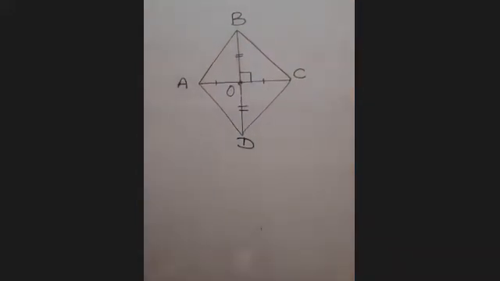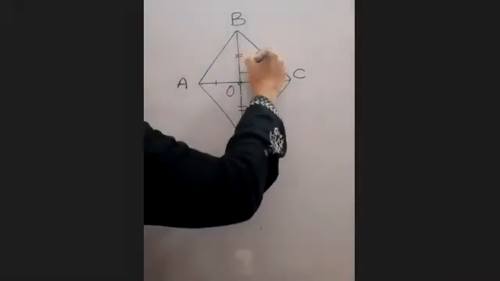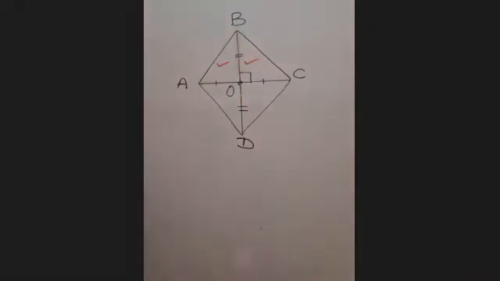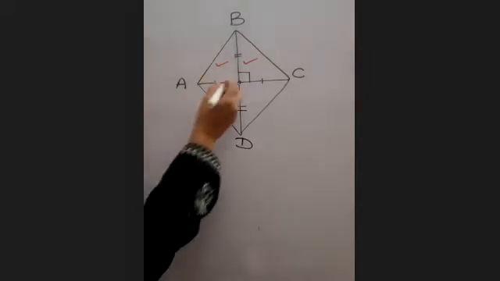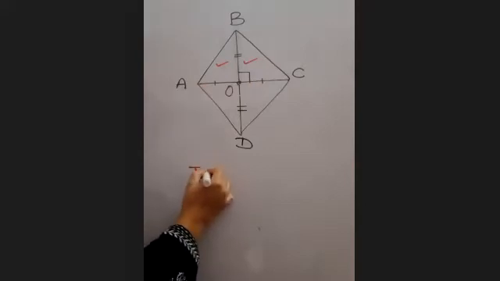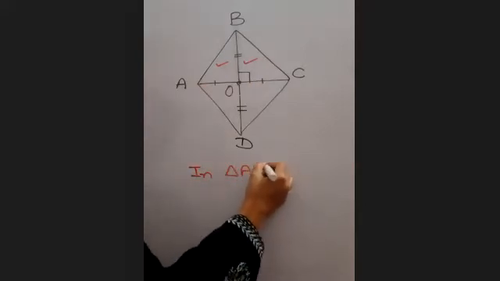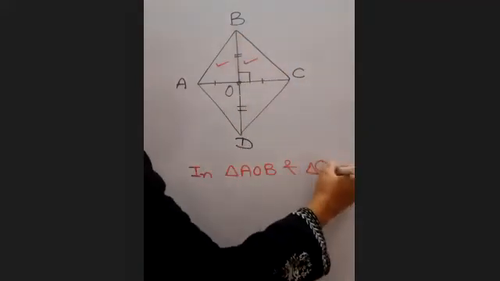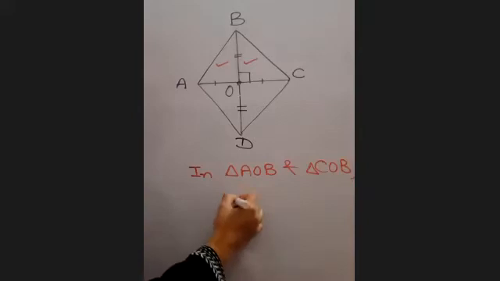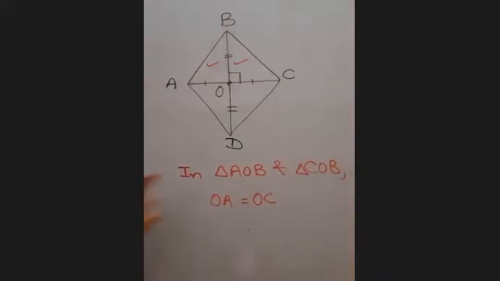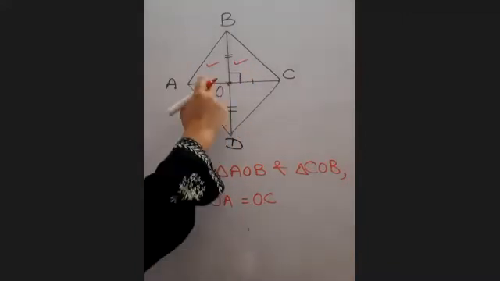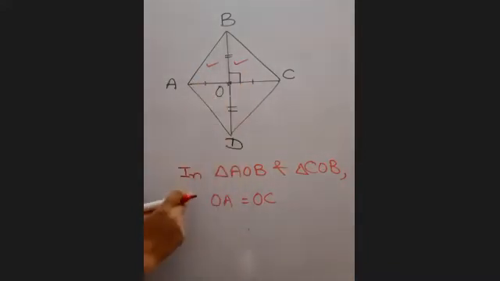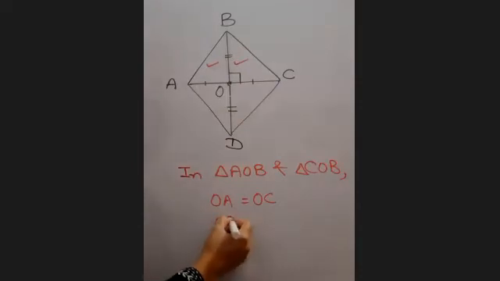You just have to take care of two adjacent triangles. Let us take care of these two triangles, triangle AOB and triangle COB. Do we have OA equal to OC? Yes. We are given the diagonals bisect each other. Do we have OB equal to OB?